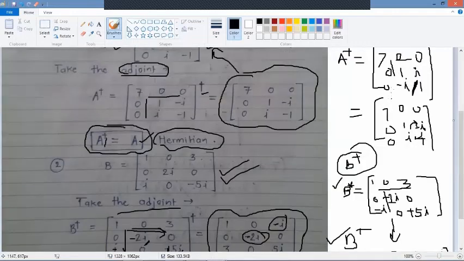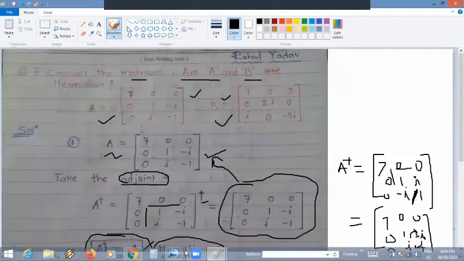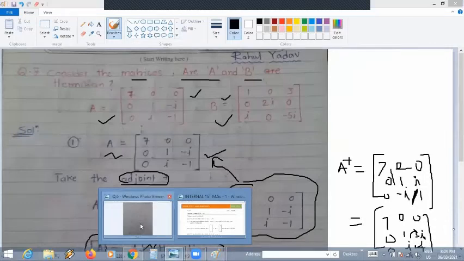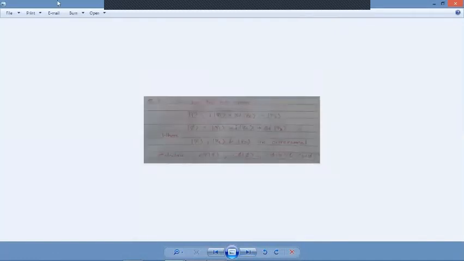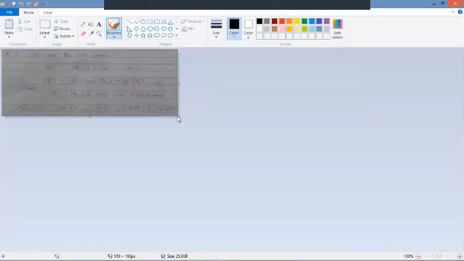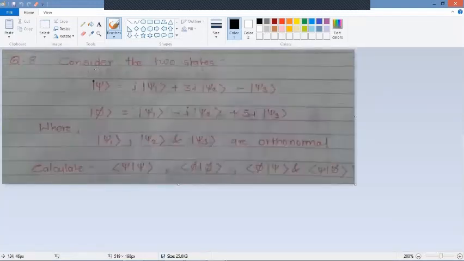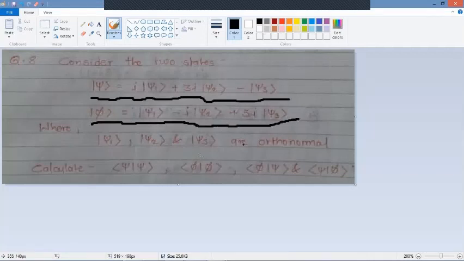Okay, so what will be the next question here? The next question is question number 8, which is very, very simple. We have two states, and we have to take the inner product.